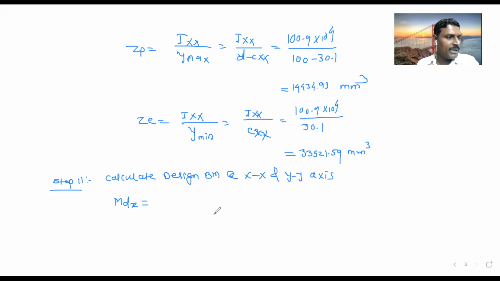Beta B into ZP into Fy upon gamma m naught. Okay, so what is the value of beta B?